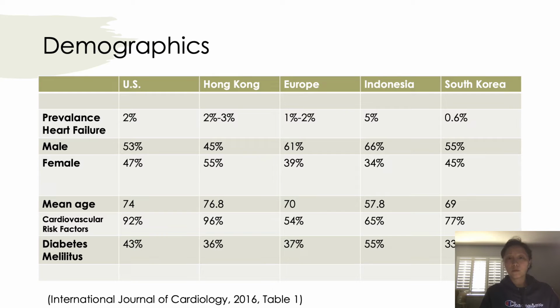Most of the time males are predominant, a lot higher than females. The mean age is a little bit older, from the late 50s to 76 years old. And you can see these factors are not just cardiovascular. There's also diabetes, also a majority of the reason people have this.